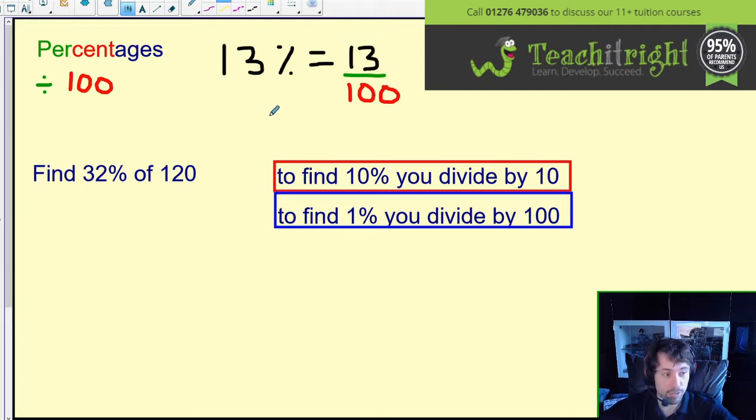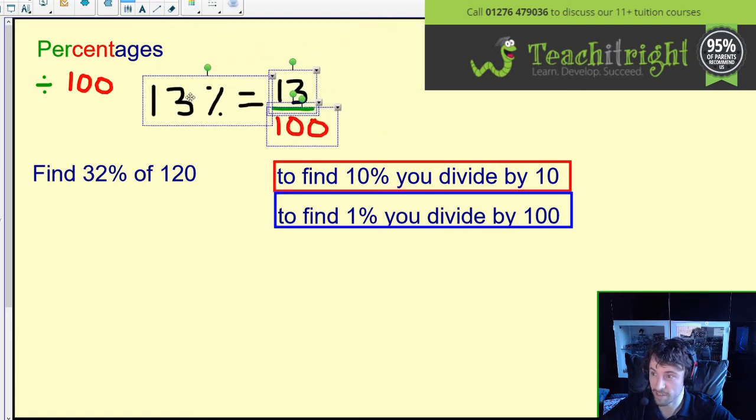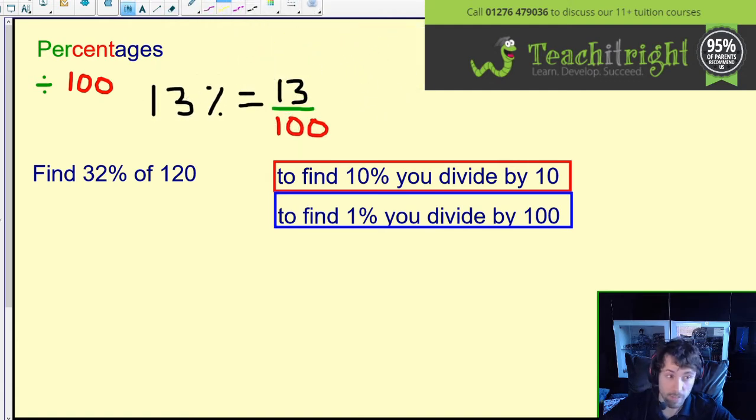And that's how you convert between percentages and fractions. Now that we've got a division, because that is what a fraction is, that's 13 divided by 100. We could go one step further: what is 13 divided by 100? I move the decimal place two spaces over, so it's 0.13.